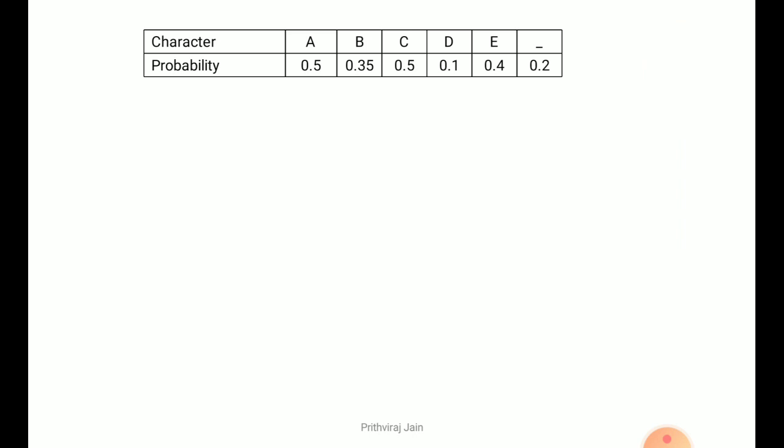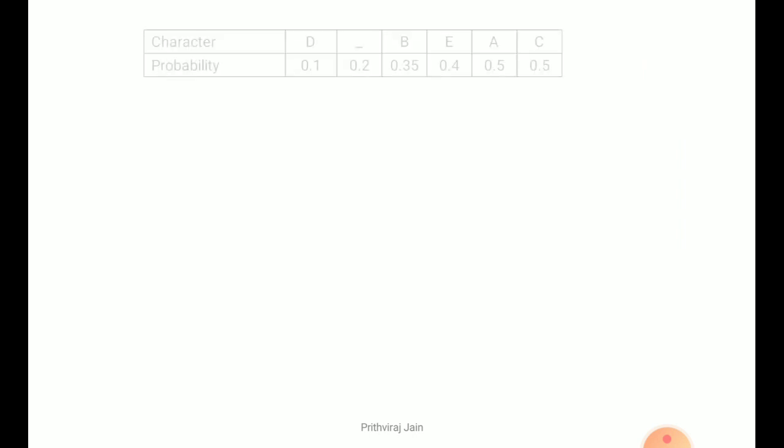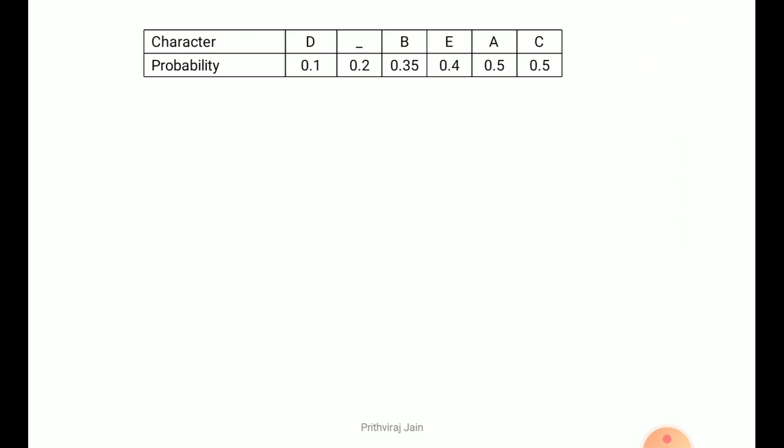As per the given data, we have the characters and probabilities. The first thing is to sort the characters based on their frequencies or probabilities. Now this is the sorted list, starting from 0.1 to 0.5. We take the two characters with the minimum frequency or probability.